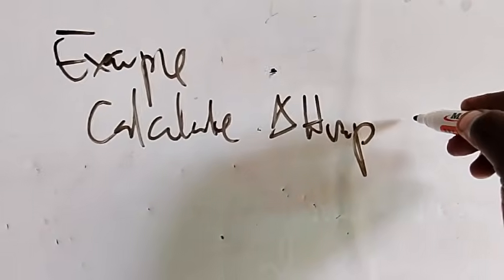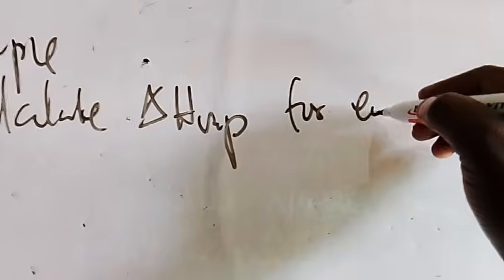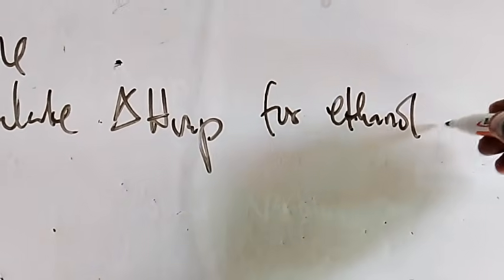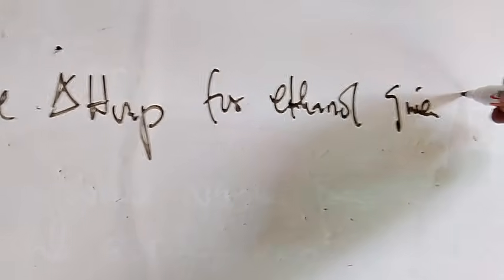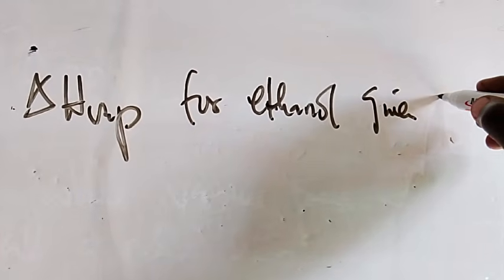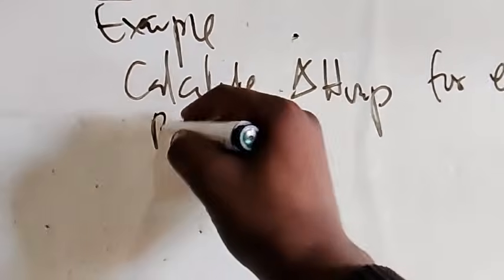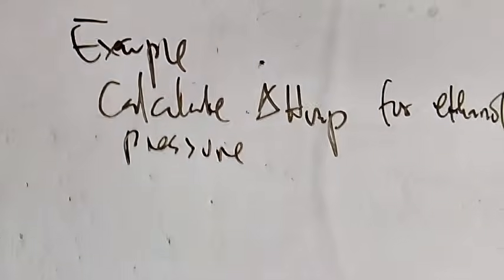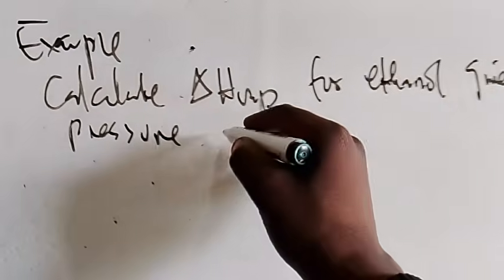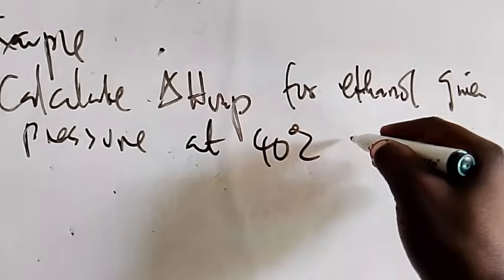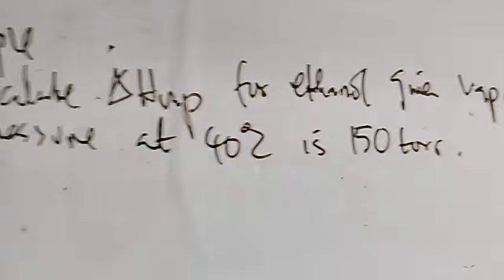Calculate delta H for ethanol, given that the vapor pressure at 40 degrees Celsius is 150 torr.